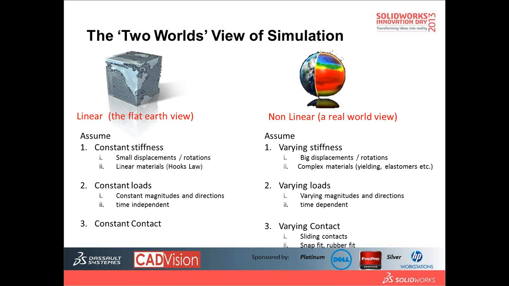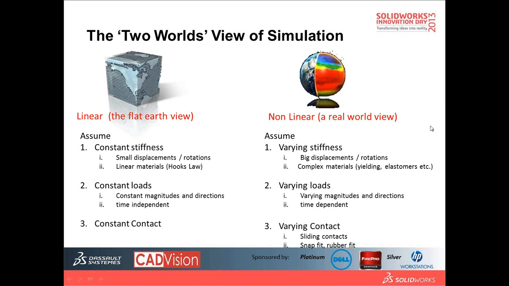Linear analysis assumes a constant stiffness, a constant load, and a constant contact, whereas nonlinear analysis assumes varying stiffness, varying load, and varying contact. Right? So it's very straightforward. Nonlinear is not linear. Right?